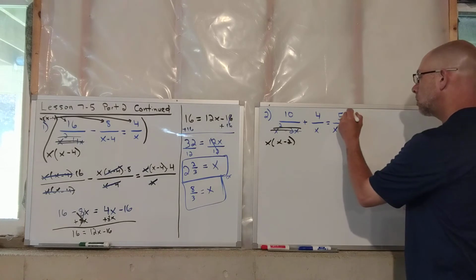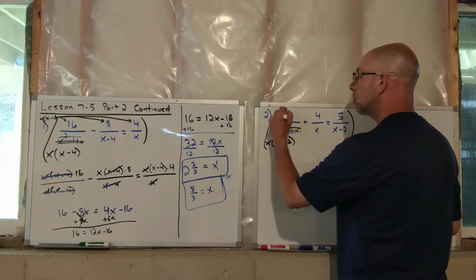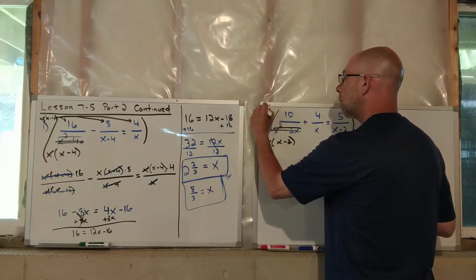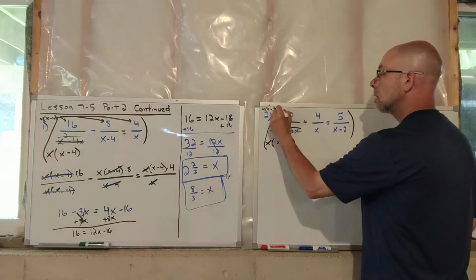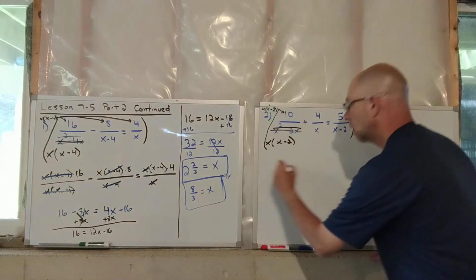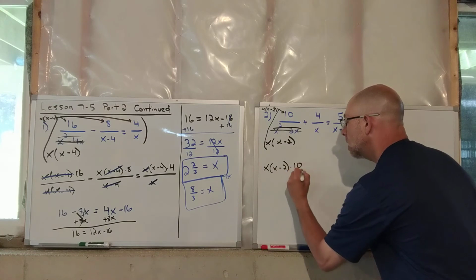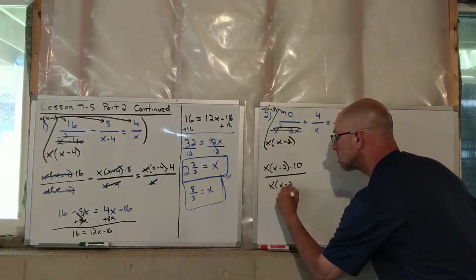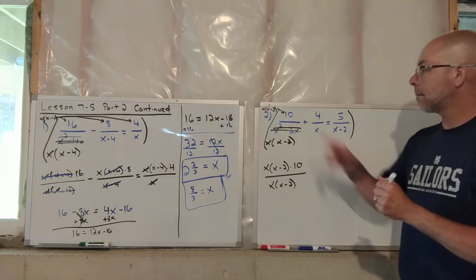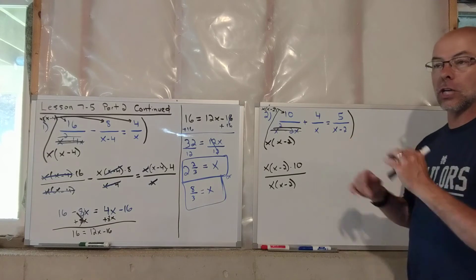Because the x is accommodated here, the x minus 2 is accommodated here, we're good. So we are going to multiply both entire sides by x times x minus 2. Start distributing there. That's x times x minus 2 times 10 all over x times x minus 2. Again, remember, that multiplies to the numerator. The denominators remain unchanged.